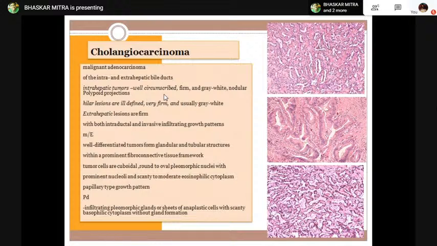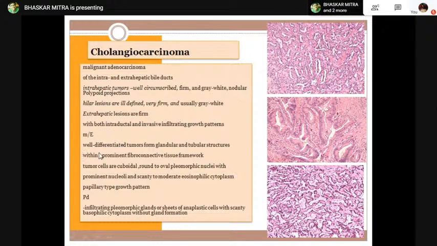Now, going from pre-malignant to malignant, what are we dealing with? Cholangiocarcinoma. This may be intra- and extrahepatic. Today we are dealing mostly with intrahepatic cholangiocarcinoma, that is ICCA. Intrahepatic tumors are usually well circumscribed. There may be extrahepatic lesions.